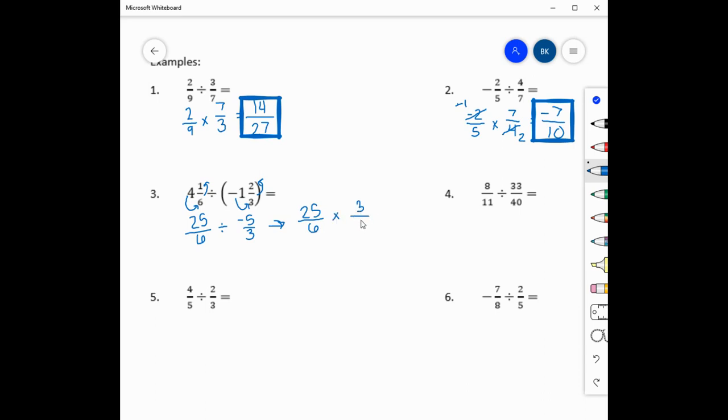So 3 over negative 5. Now simplify going diagonally. 25 and 5, we can take 5 out of it, it becomes negative 1 and 5. 3 and 6, take 3 out of it, so it becomes 1 and 2. Multiply straight across. 5 times 1 is 5, and 2 times negative 1 is negative 2. So our answer is negative 5/2.